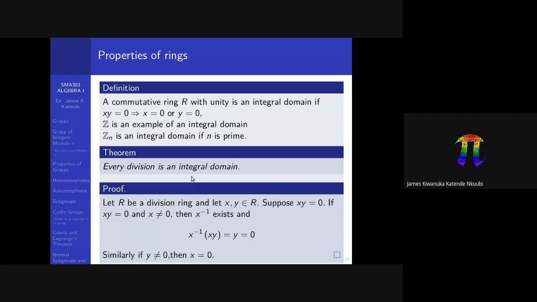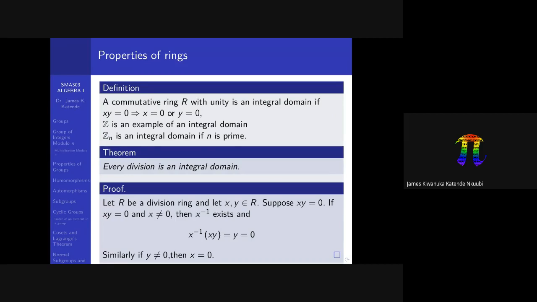Remember, I told you when you think about addition in a ring, every element has an additive inverse, and the additive identity exists also in the ring. The only thing that may or may not be there is the multiplicative identity.